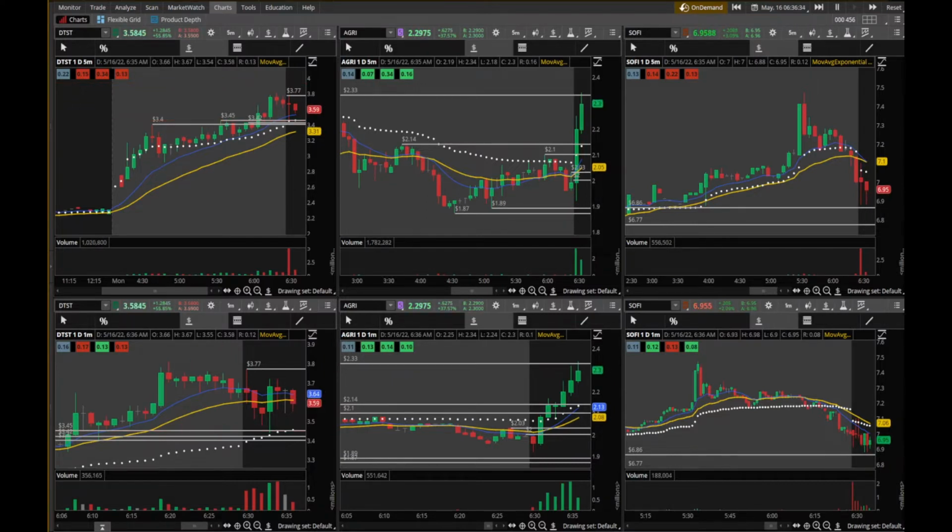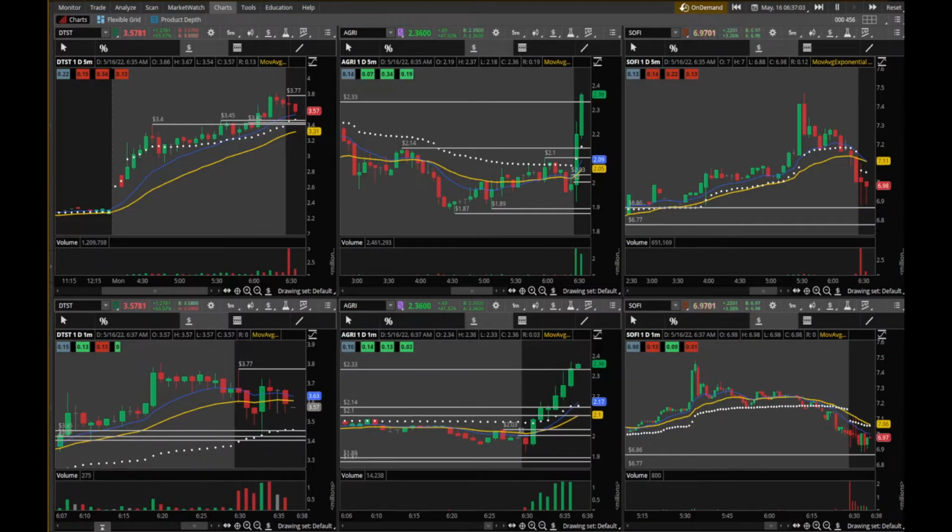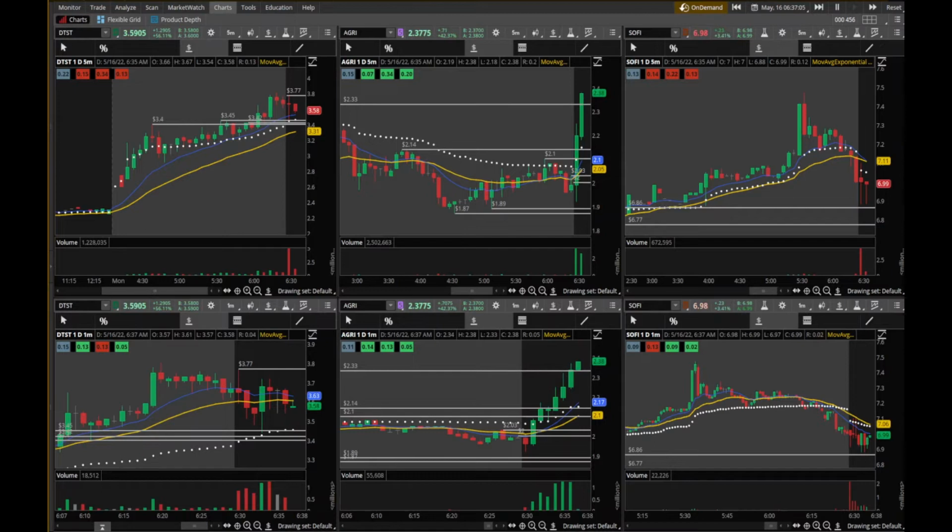I got back out of DTST. I'm gonna adjust my cents to 10 cents. AGRI now hitting that resistance of 233 and going through it. Just not sure about DTST yet. And Sophie never pulled back to that line, at least not yet.